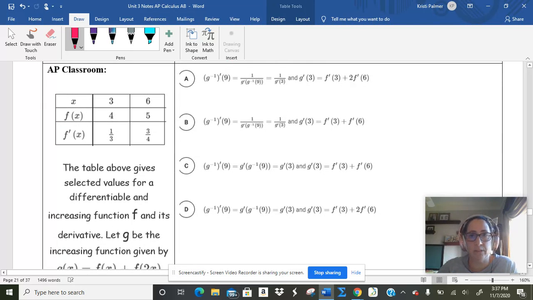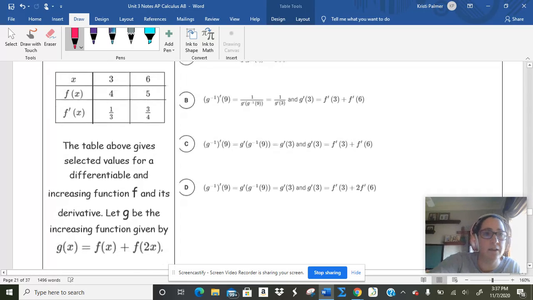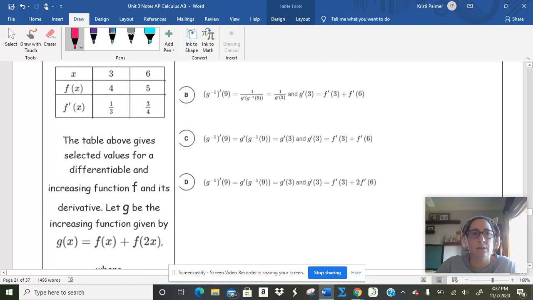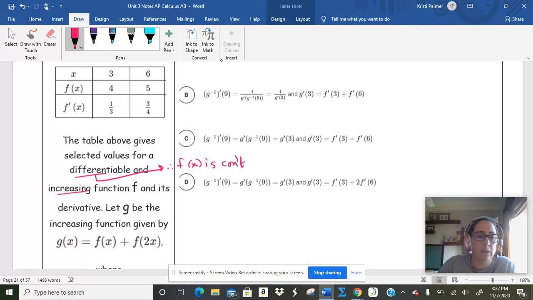All right, this one looks fun. What's going on here? We got x, f of x, f prime of x in a table. Says that it gives me selected values for a differentiable and increasing function. And I know every time I see this, I'm going to say, therefore, f is continuous. And its derivative.